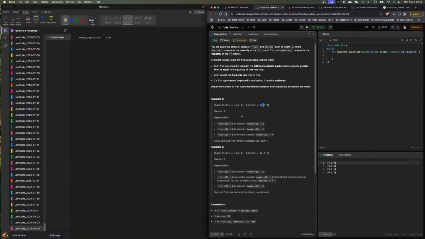Can we sort fruit? Well, if we sort fruit, then we're matching the smallest. But that's not right, right? That's not right because the basket is not sorted. We cannot sort the basket.